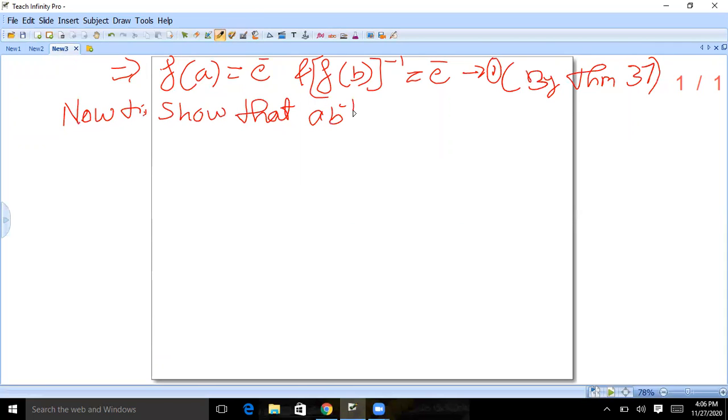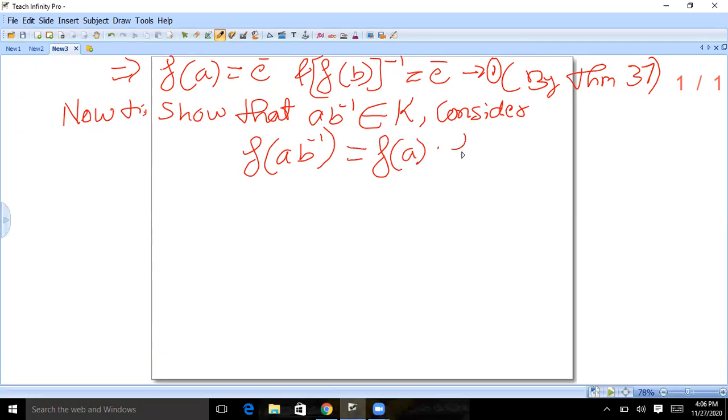So next, now to show that AB inverse belongs to capital K, consider f of AB inverse is equal to f of A into f of B inverse.